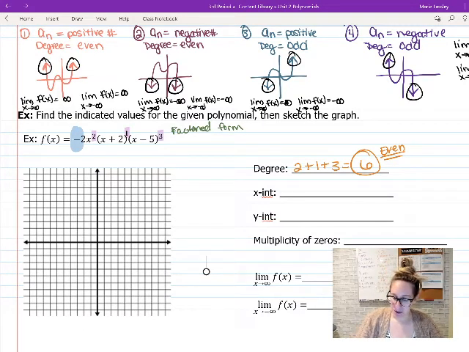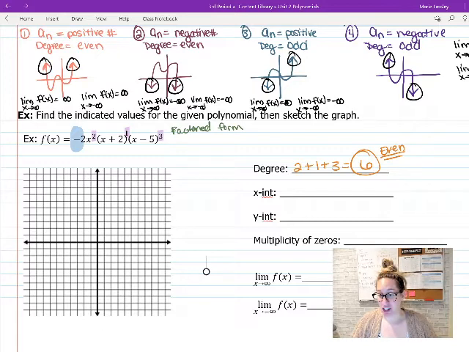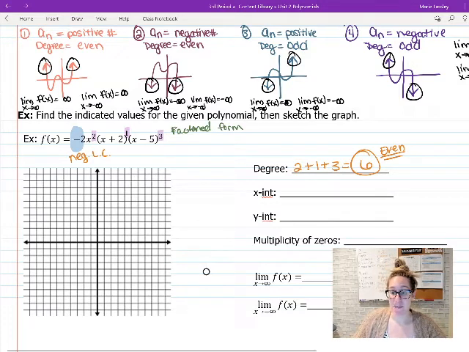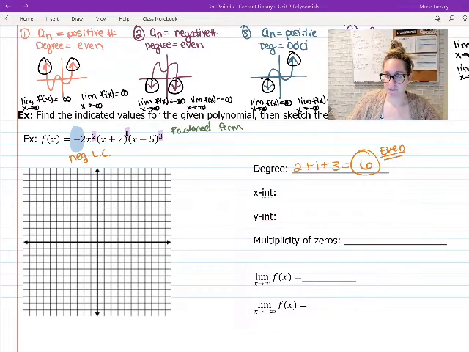So this would be an even function with a negative leading coefficient, which means it falls into that second category of end behavior. So I can go ahead and just do my end behavior based on what I just did. I don't even need to know what the graph looks like.